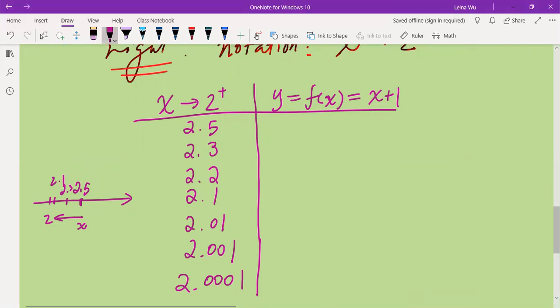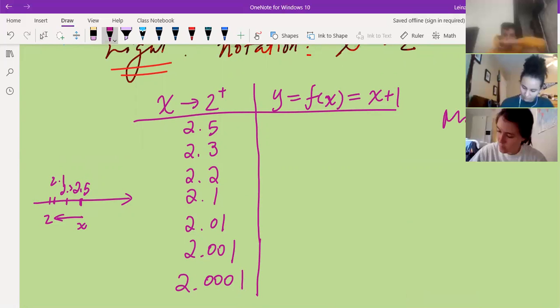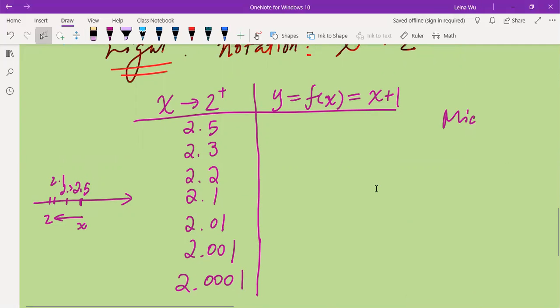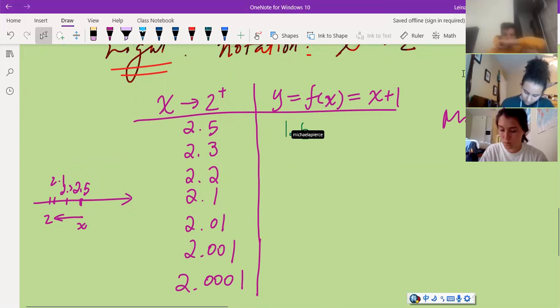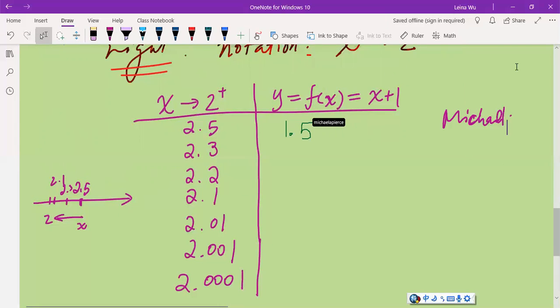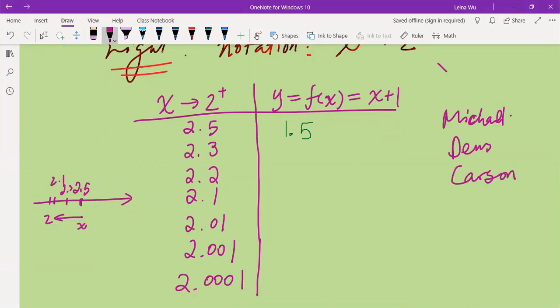All right, I'm going to assign Michaela Pierce the first one, Deuce the second one, Carson the third one, and the fourth one. Katie for the fifth one.